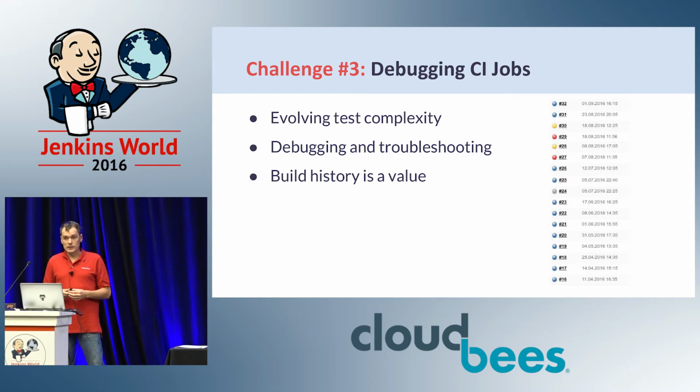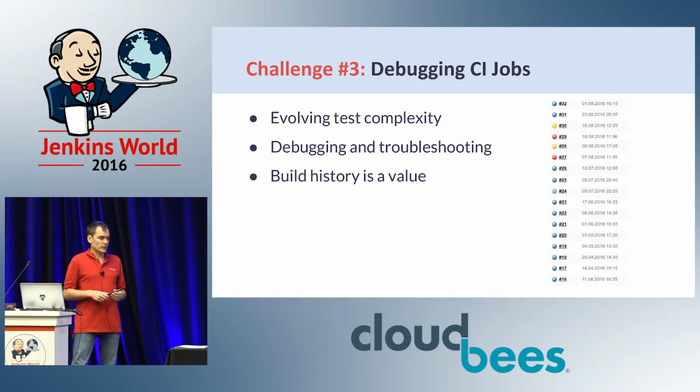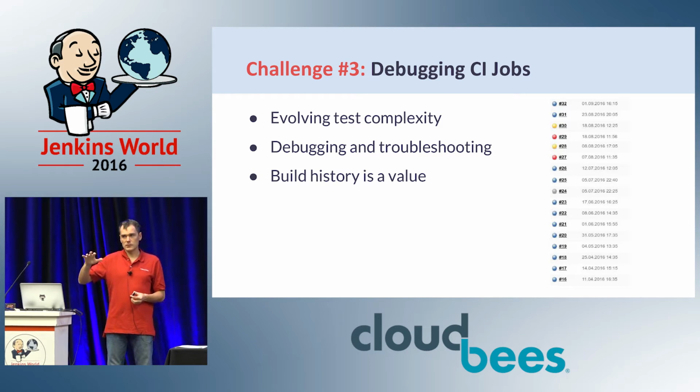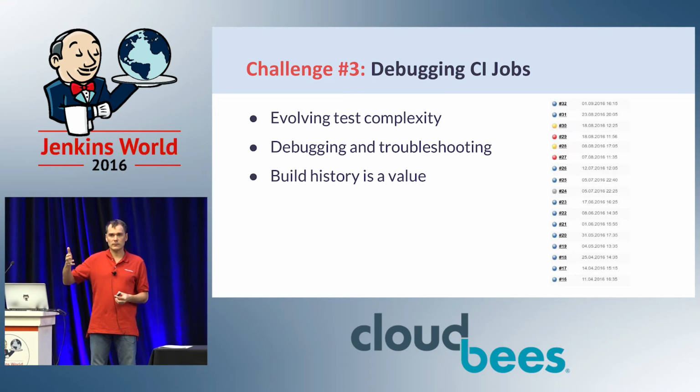Another challenge is the process problem of debugging CI jobs. When you start putting everything into a machine, obviously there will be some problems, and jobs will fail because of job problems, not because the software failed or the test failed, but because the job needs to be improved. And this is the problem: how to debug that when you put it into a CI machine.